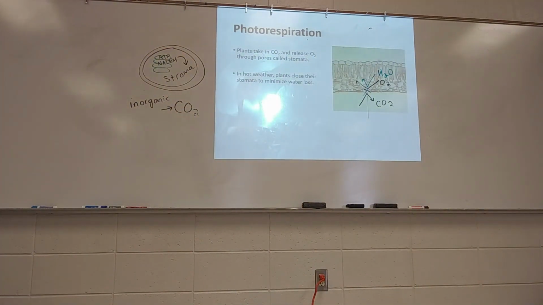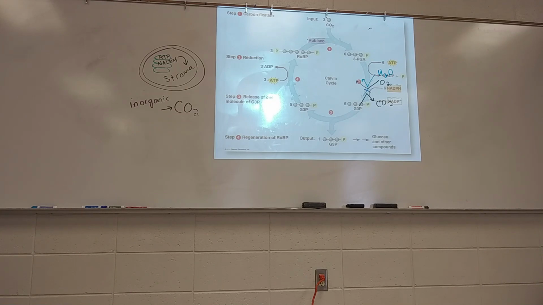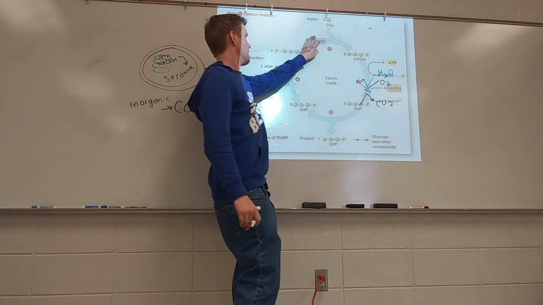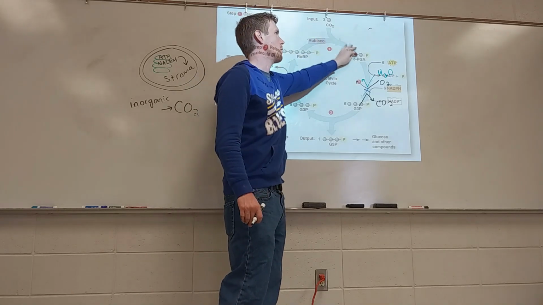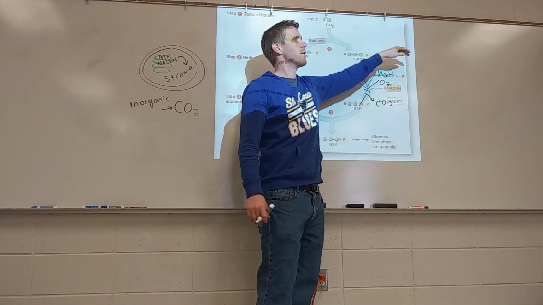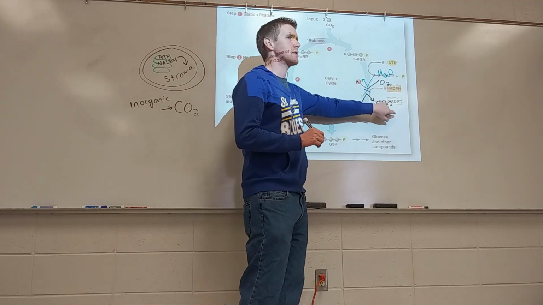Now, if we look back at this slide, right here, you see Rubisco is supposed to fix the incoming CO2 with the RuBP, but Rubisco is not very good at differentiating between oxygen and CO2.